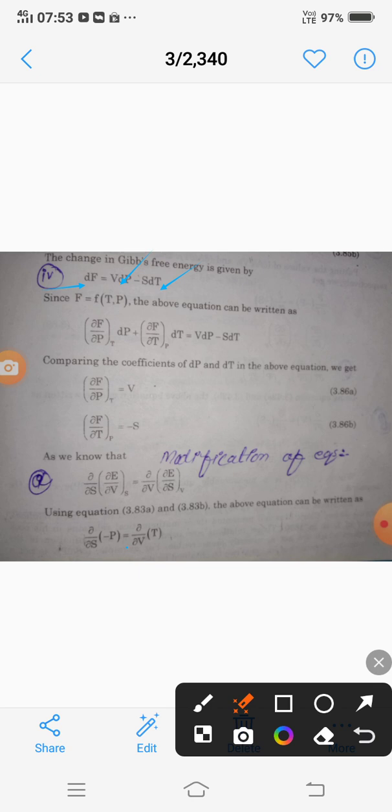So to take the modification, we take the differential divided by the differential of entropy, and we are saying here that the differential of internal energy divided by the differential of entropy at constant volume is given. To take the modification, we put the differential divided by the differential of volume by ourselves. Using this equation from the previous segment number 1, we found that this factor is equal to minus pressure and this factor is equal to T. So simply the equation becomes in this form.